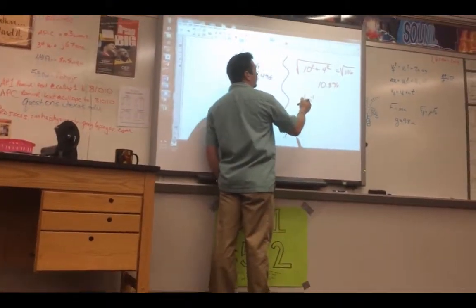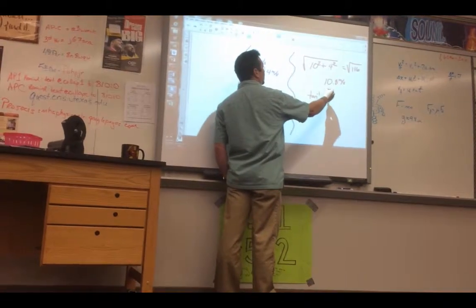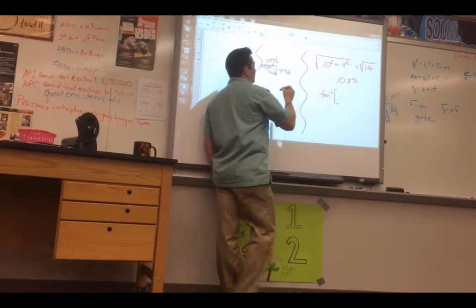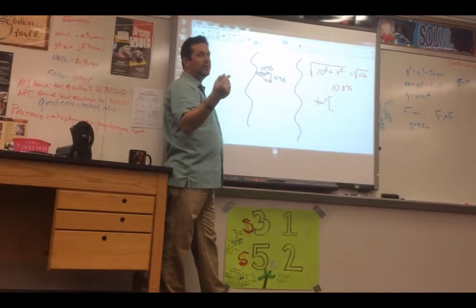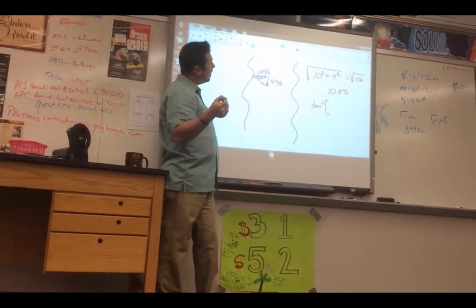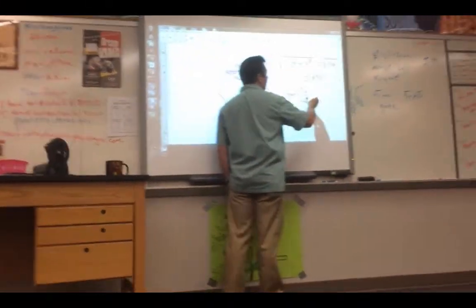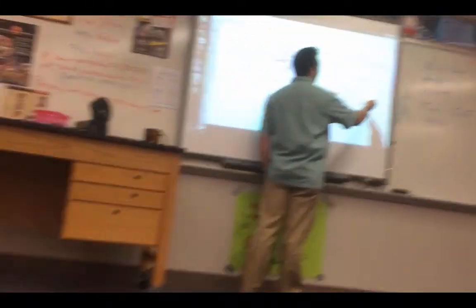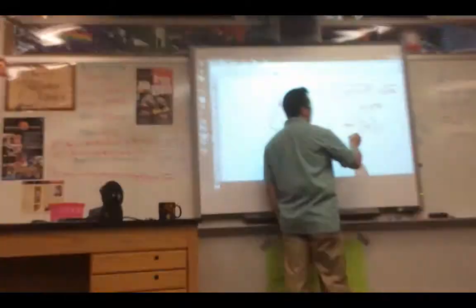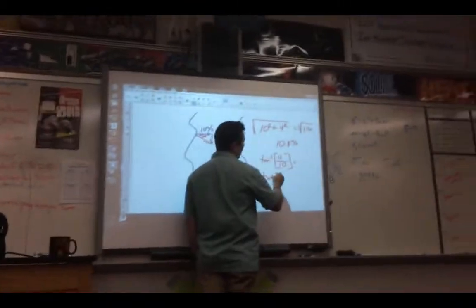Inverse tangent of what? What's tangent going to be? It's opposite over adjacent, right? So which side is the opposite of the angle? 4 over 10. And so then I end up with inverse tangent of 0.4.